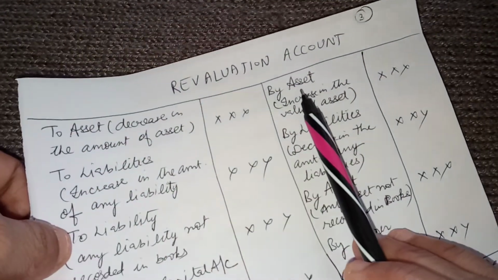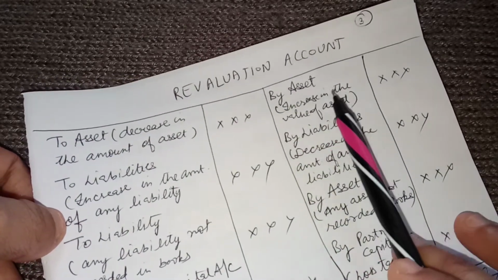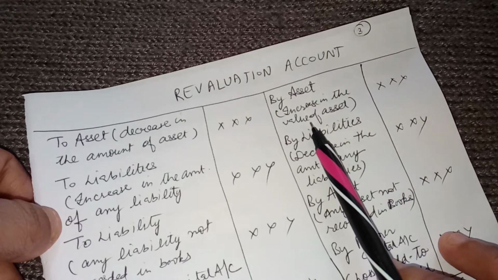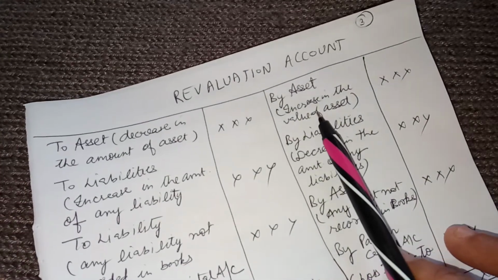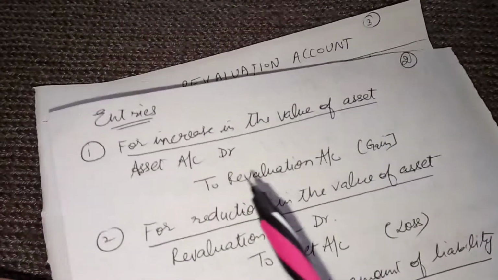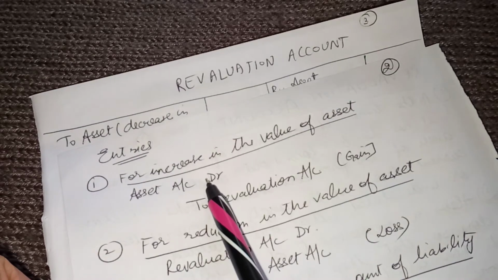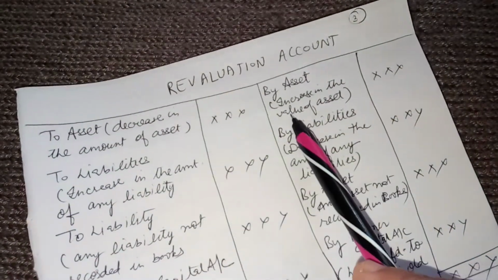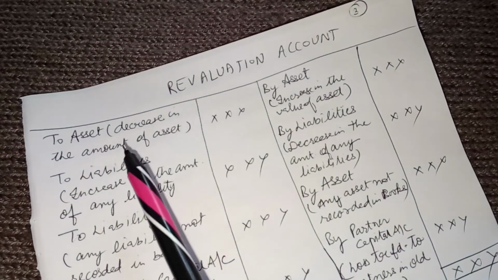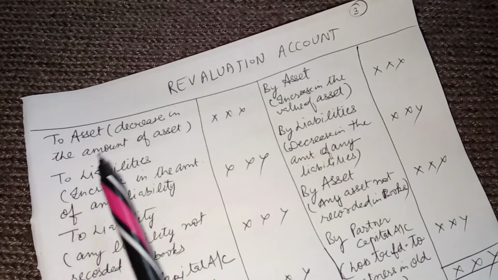Here on the credit side, by asset, if there is an increase in the value of asset, then it will be on the credit side. As in the entry we have done, the asset balance will increase, so definitely asset to revaluation in the revaluation account, by asset. On the opposite side, if there is a decrease in the amount of asset, then to asset, decrease in the amount of asset.